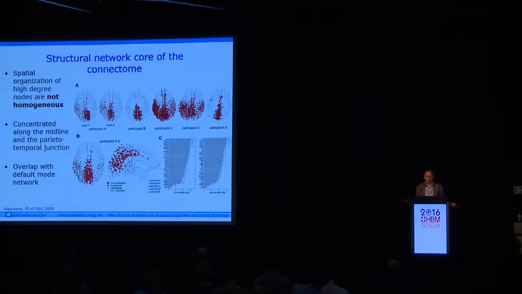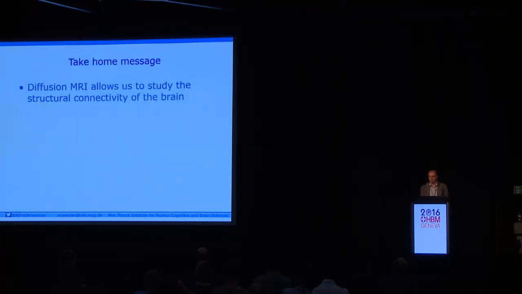And using this, we know that the brain is not homogeneous, so we have regions which have a higher degree, so they have higher connectivities. These are the big red dots, and they are organized in a way which is close to the default mode network. So we have this parieto-frontal connectivity, or areas which seem to have a stronger connectivity also in these network characteristics.